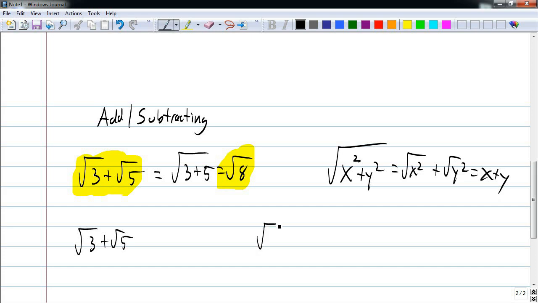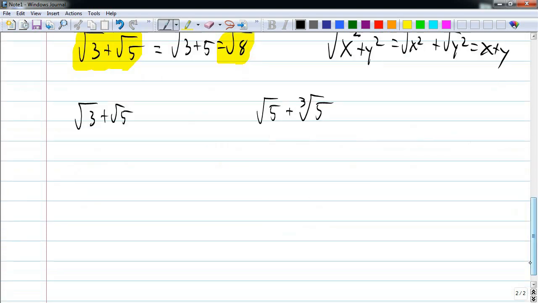So square root of 5 plus cube root of 5, I also can't simplify or crunch down because the radicals are different. To add and subtract radical expressions, I need the same radical and the same radicand.